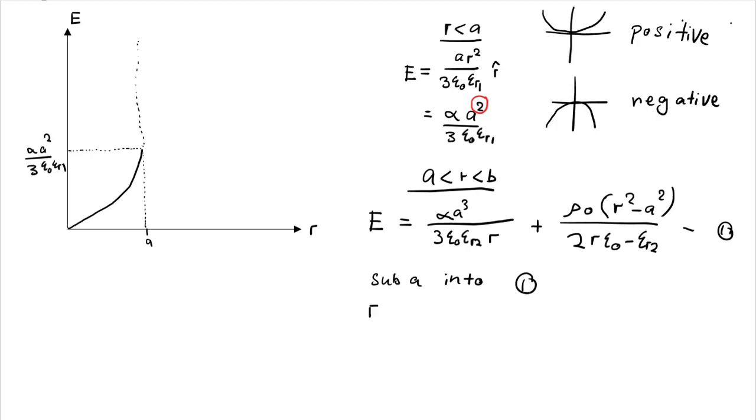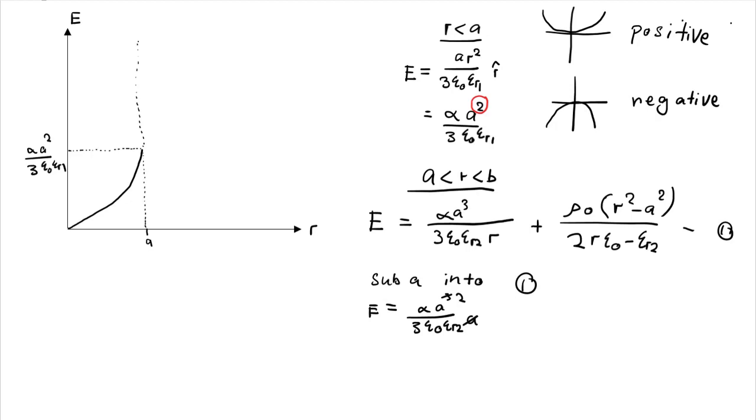And by doing that, we get the E field equals alpha A cubed over 3 epsilon naught mu r2 8, and like terms cancel out.